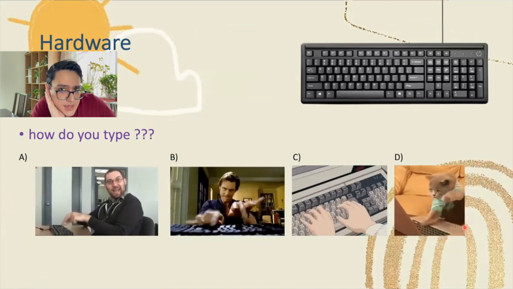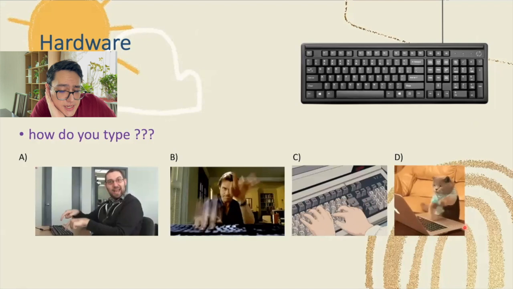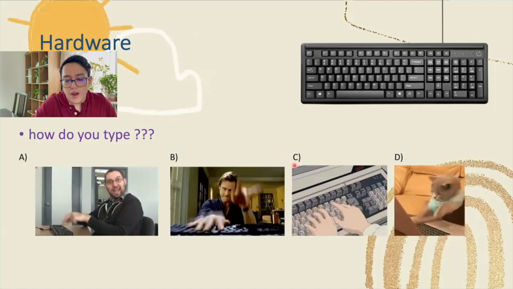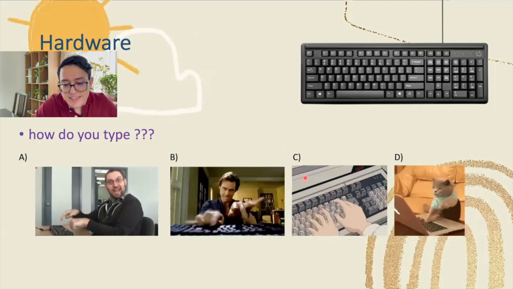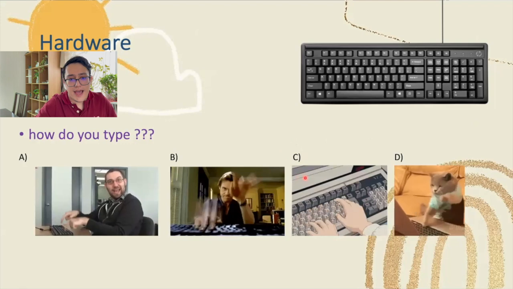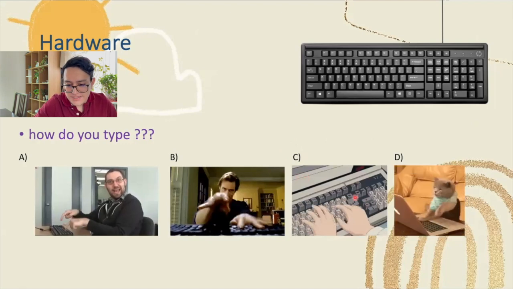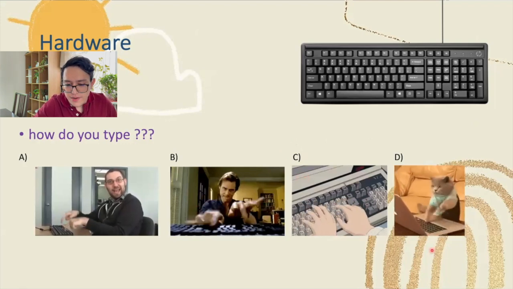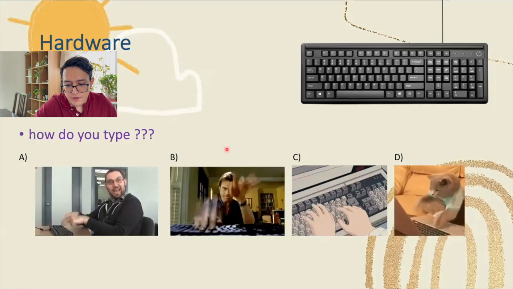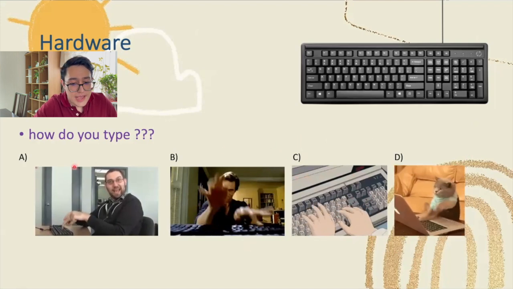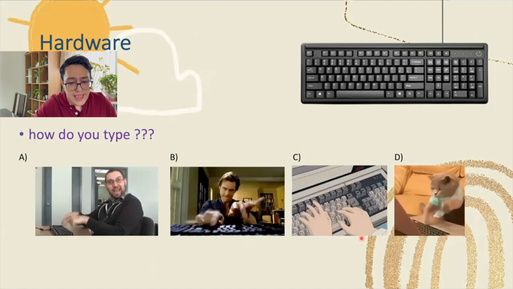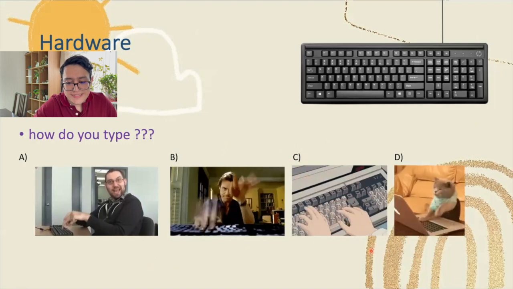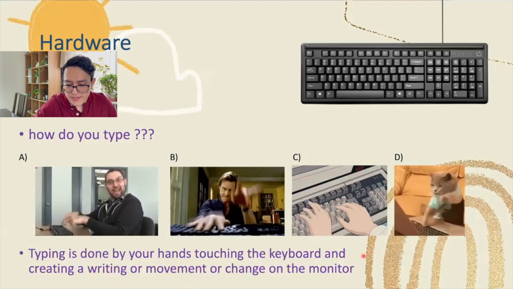A, B, C, D. Alright, if you said C, that's the correct answer. So, you should be typing like C, not like D, not like B, and not like A. So, C, the correct answer.